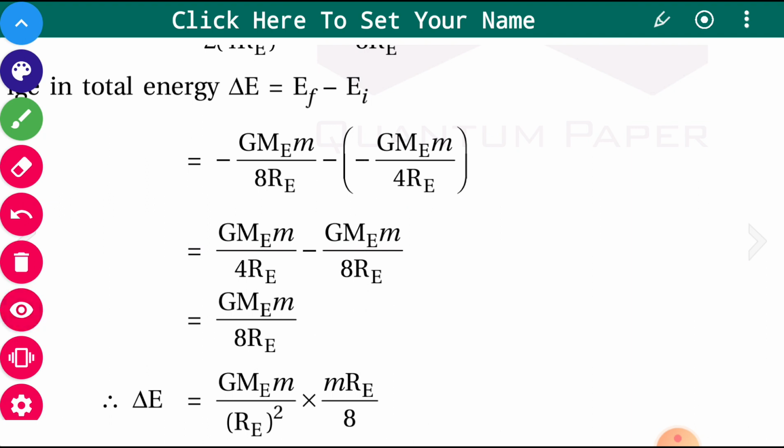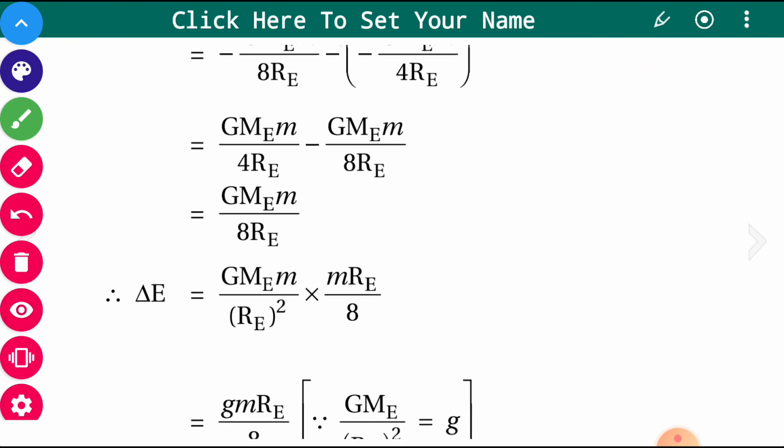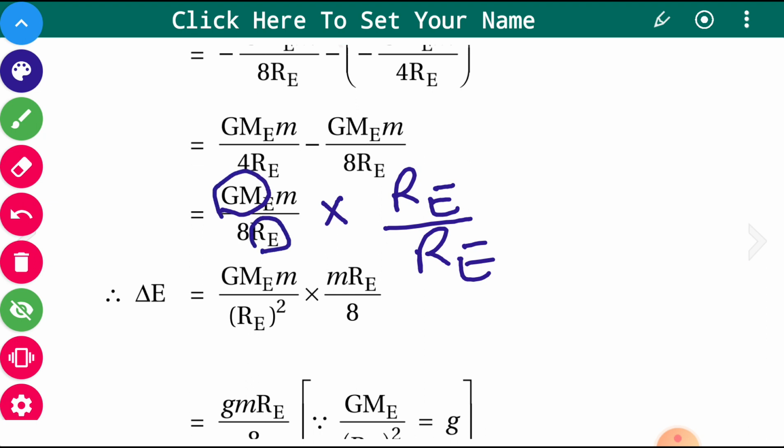Now we are multiplying this equation by RE, so that it can be easily calculated. We multiply by RE and divide by RE, so we will have G Me upon RE square, and that is nothing but small g.